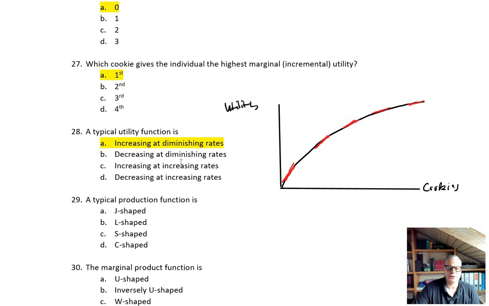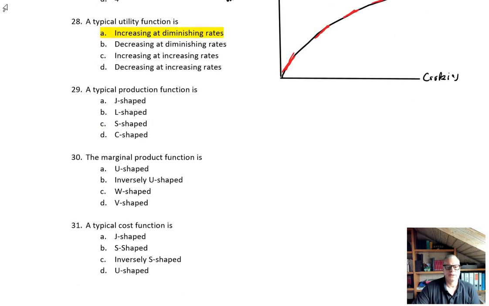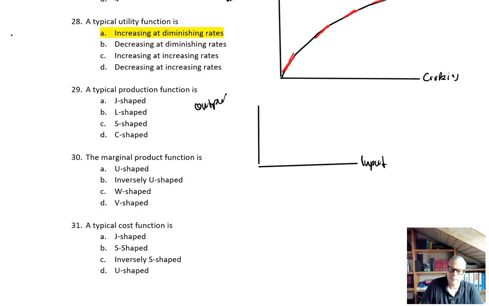The first derivative of the production function is the marginal product. Okay, a typical production function, so we talked about that also. We have some input and we convert it into output. An input could be labor or capital or something.